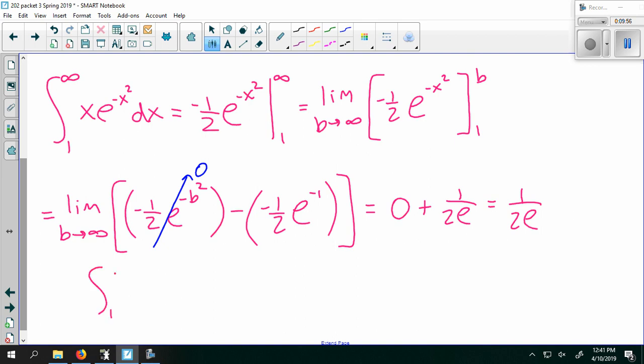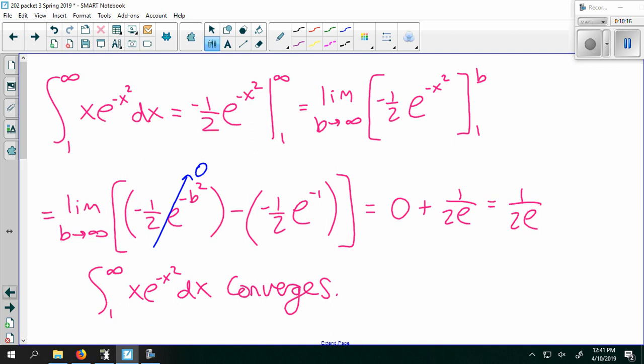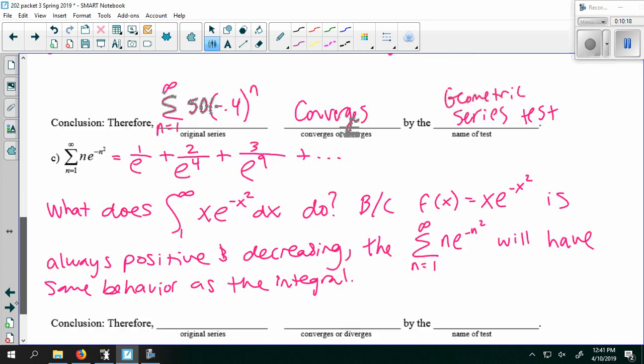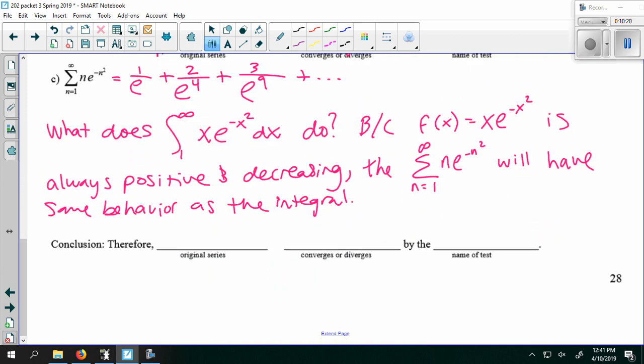So the integral from 1 to infinity of x e to the negative x squared dx converges. I happen to know what it converges to, but that doesn't help me very much with the sum because the sum doesn't converge to the same number. We just know that it also converges. The integral converges, so must the sum, because we satisfied these other properties where the function is always positive and decreasing.